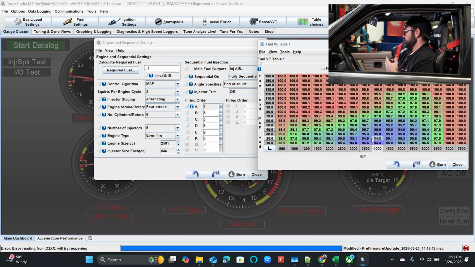In a boosted application, it's quite easy to fill the cylinder more than 100% because you're applying an artificial atmosphere. So if you think of the VE table as a cylinder fill table rather than just bigger numbers equals more fuel, it helps you get an idea of what the engine is actually doing in the state that it's in.